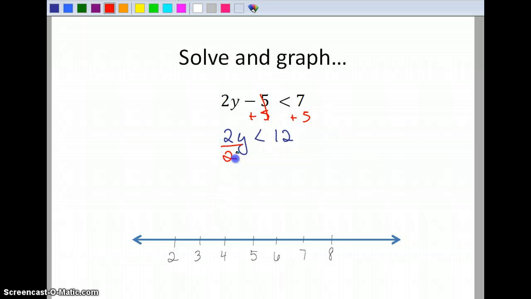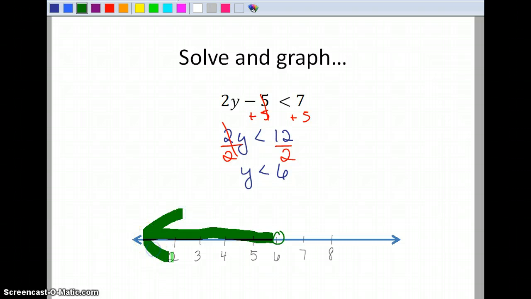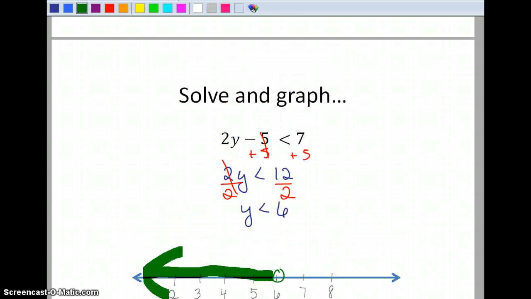Dividing both sides by 2 to isolate y, we have y < 6. 6 is my key point. I'm going to have an open circle. Now I just have to figure out where to shade. Is 5 less than 6? Yep. Shade to the left.